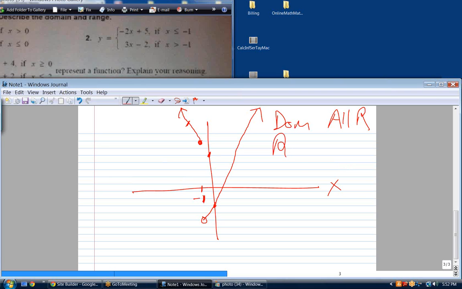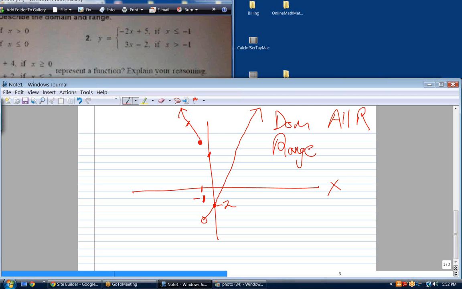What's the range? Now, first of all, what is this point? This point right here was -2, where we had a y-intercept. Y is greater than -2? Well, look at that graph. Does that look correct?